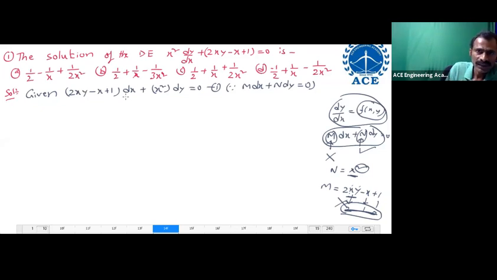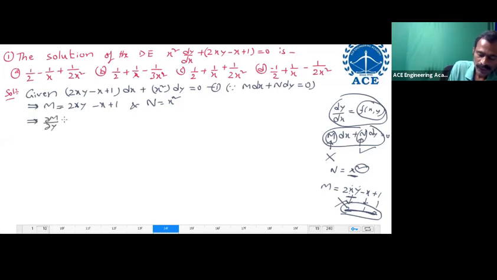The next method is exact. We check whether the condition of exactness of the differential equation is satisfied. Here M equal to 2xy minus x plus 1 and N equal to x square. Find the derivatives.